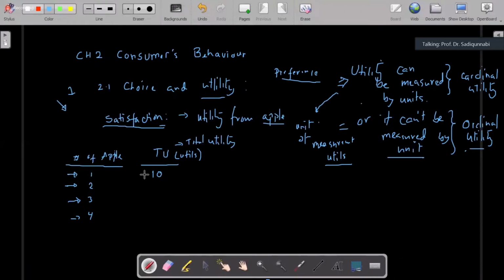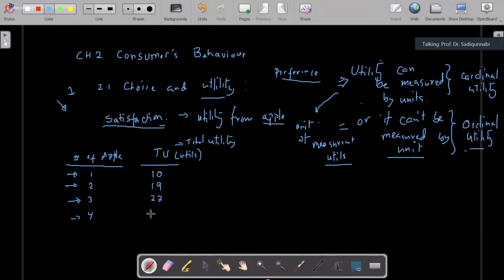So maybe for the second apple, it is not 20, maybe it is 19. I mean, 2 apples, 19. 3 apples, it is not 30, maybe 27 units of satisfaction you are getting.